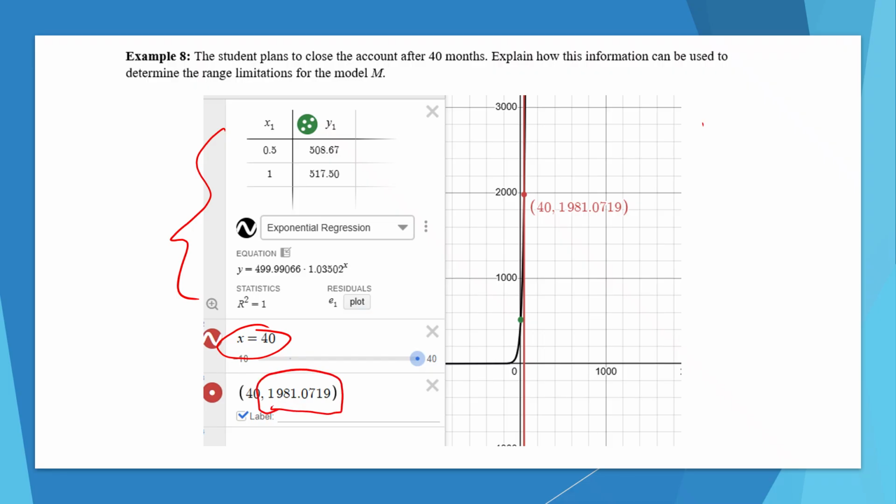So I would say, in terms of a correct answer, I would say 40 months is the desired length of the account.